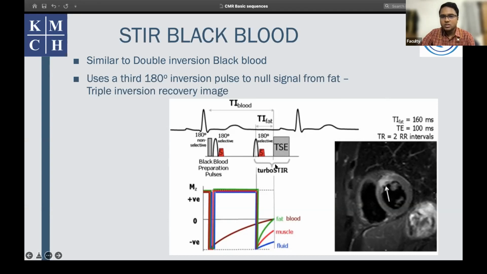In addition to this, we use another two 180-degree pulses, one non-selective to the entire heart and one 180-degree pulse specifically to the slice which we are imaging. This will produce the nulling of the blood. This is called a triple inversion recovery sequence or a STIR black blood sequence, where you can see there is nulling of the blood pool as well as nulling of the fat, and you are able to see the myocardial edema much better.